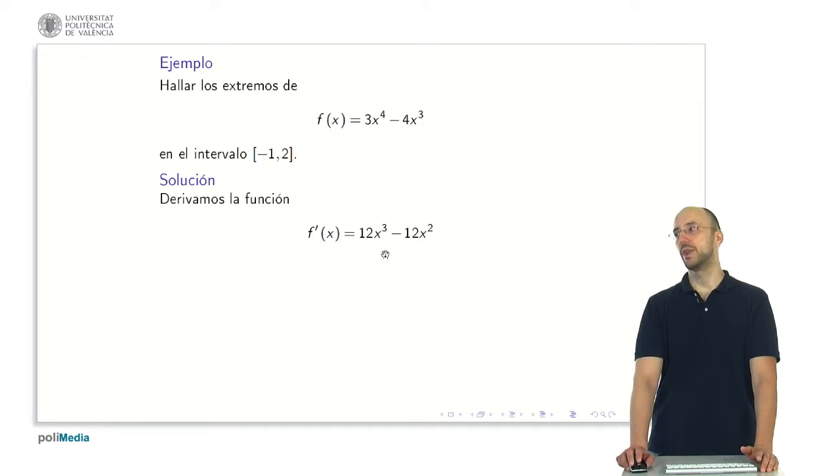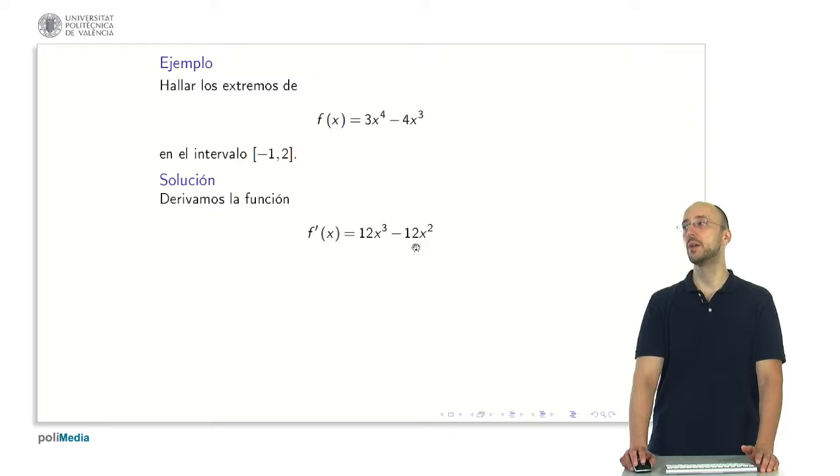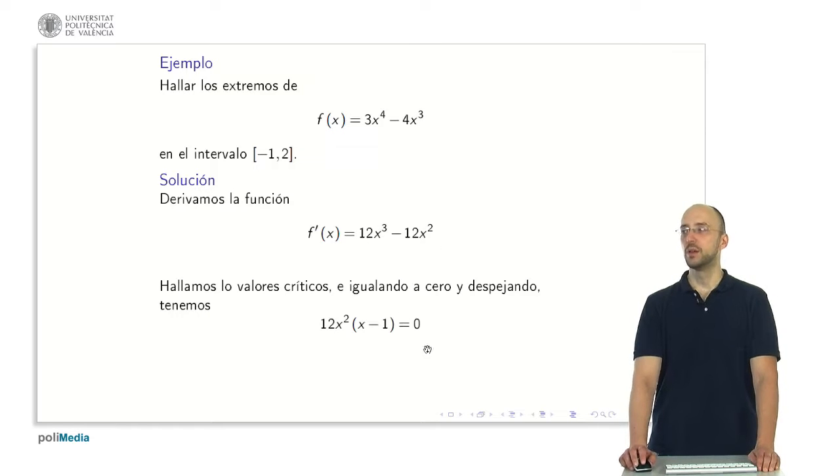The differentiation process is quite straightforward for a polynomial. We'll bring down the 4, resulting in 12x cubed, and for the second term, we'll multiply minus 3 by 4 to get minus 12x squared. We then set this derivative equal to 0. To simplify, I've factored out any common factors where possible. For example, I've factored out the common factor of 12 and x squared.